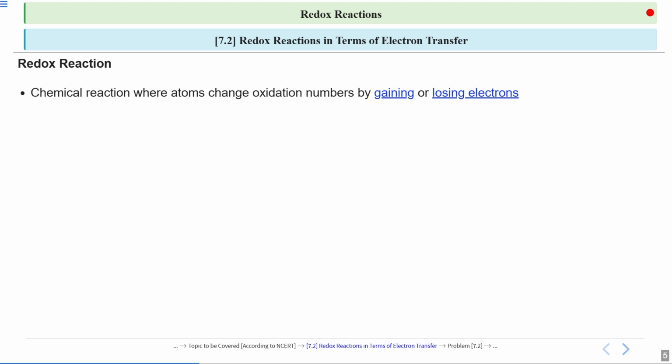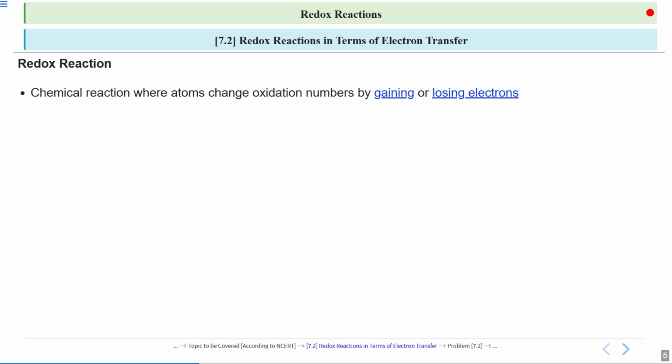So what would happen there? First of all, the oxidation would occur in which the loss of electrons will take place. And then there would be the reduction. That means those electrons would be accepted by a species, and that loss and gain of electrons would result in the change in oxidation number.